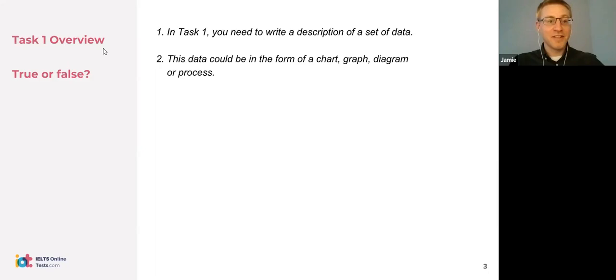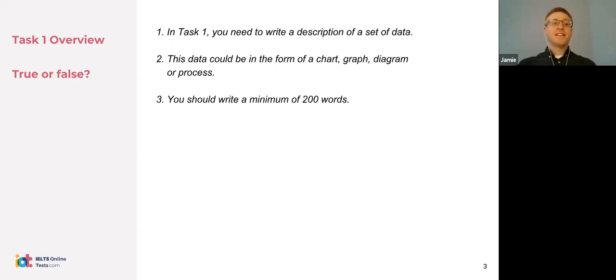Excellent. Number 3. You should write a minimum of 200 words for task 1. A minimum of 200 words. Okay. Thank you, Rania. You're saying it's false. Thank you, Nikunj. Very good.